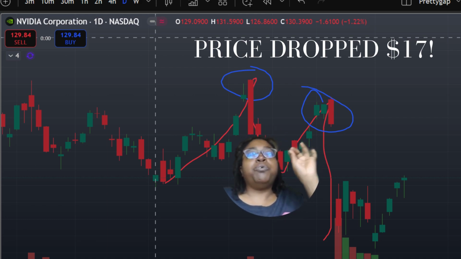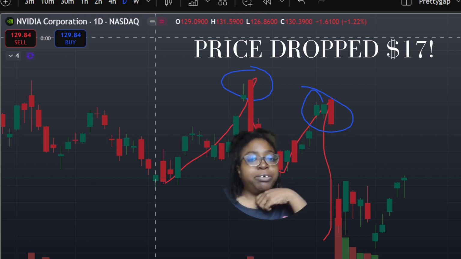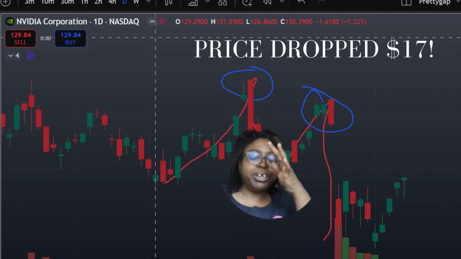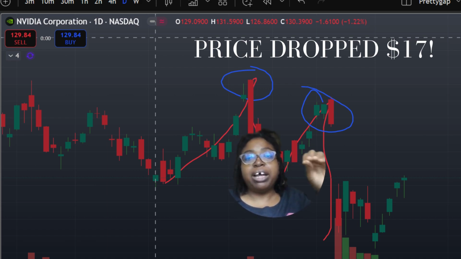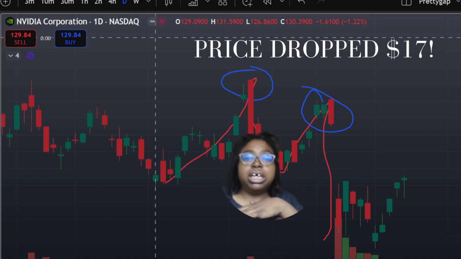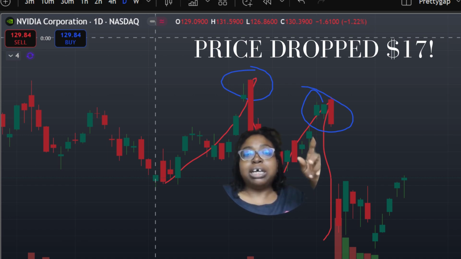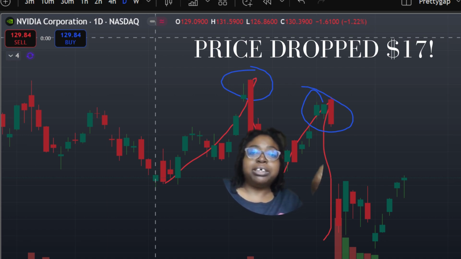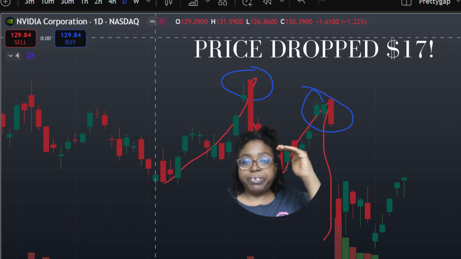You want to know when that signal is giving the signal, because this gap down, I think price was at 129. I'm sorry, price was like at 134, 135 and dropped down to 129 overnight over the weekend, because at this time DeepSeek AI was introduced, and that is a competitor for NVIDIA, and it dropped NVIDIA with a huge gap.